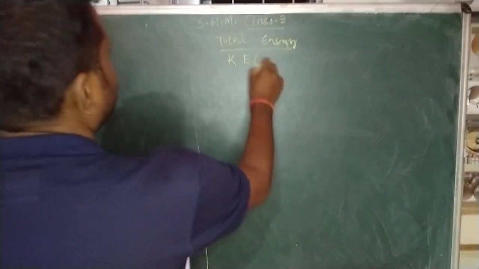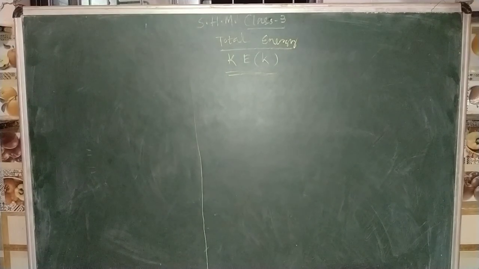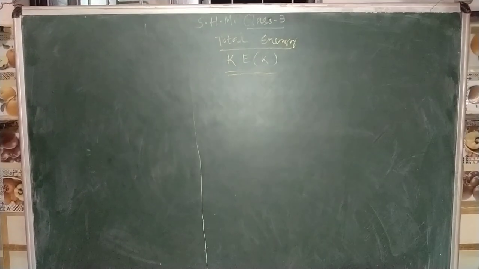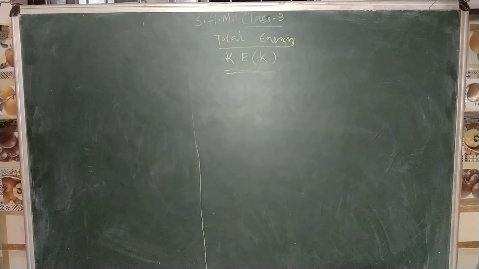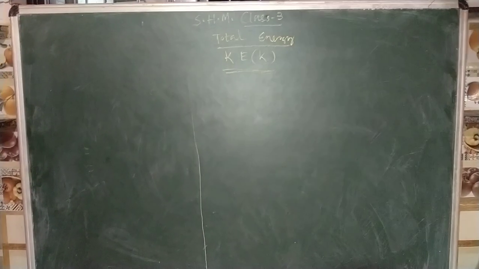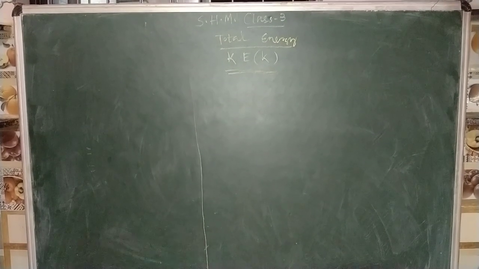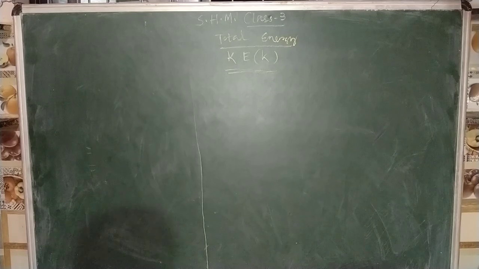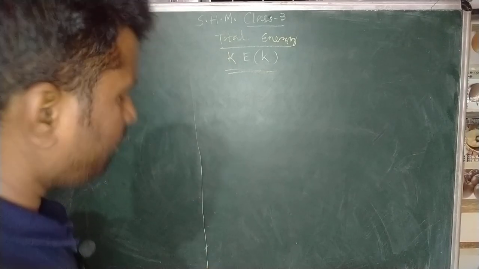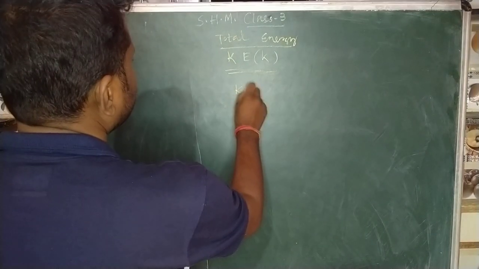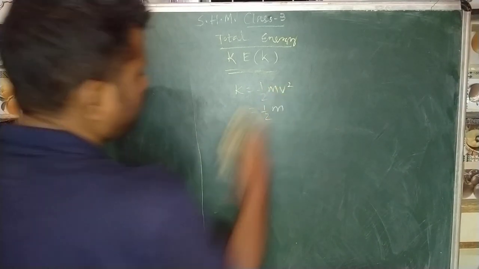Let's first calculate kinetic energy K. Sorry for the disturbance. Kinetic energy K will be how much? K is half m v square.